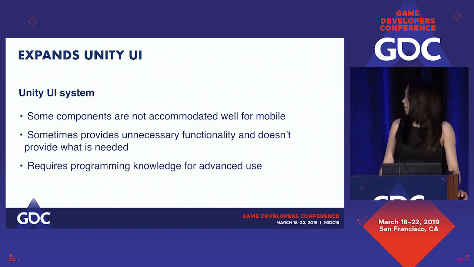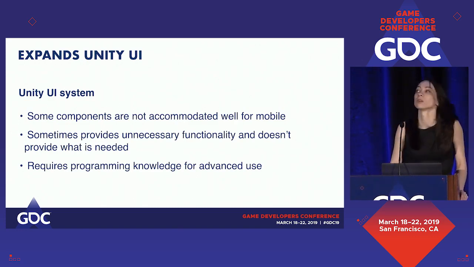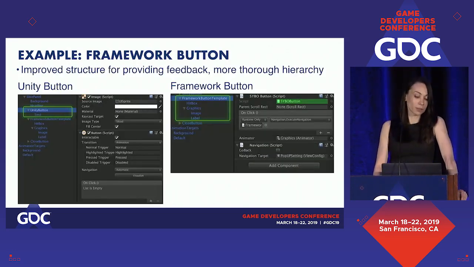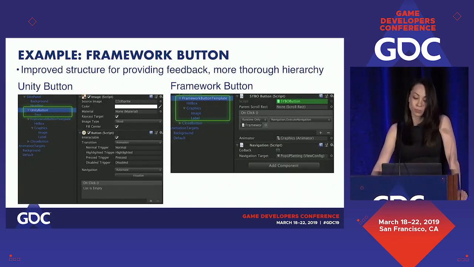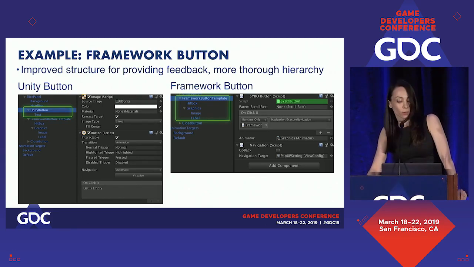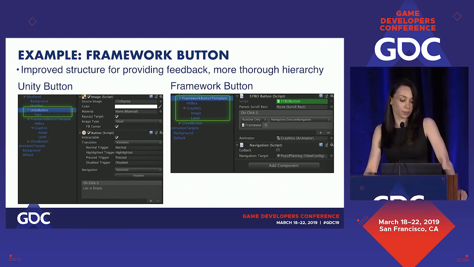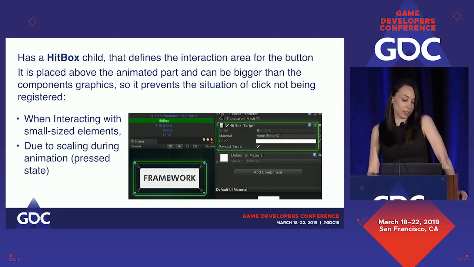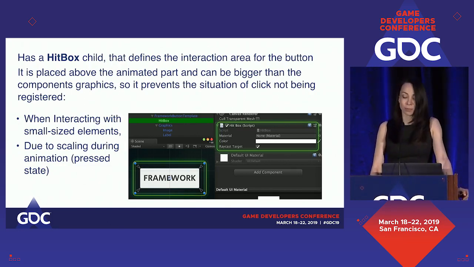And just to illustrate, I would like to show you as an example one of the simplest UI framework components, like the button. It has an improved structure for providing feedback, and it also has a more thorough hierarchy. One of the biggest differences is that the framework button has a hitbox child object that is basically an invisible image that defines the interaction area for the button.